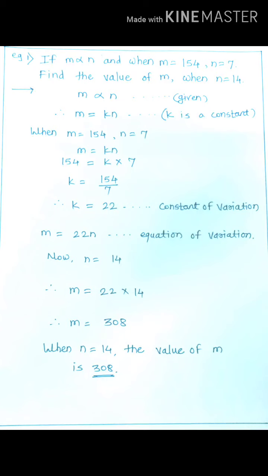When m is equal to 154, n is equal to 7, then what is the formula? m is equal to kn. Now, substitute the values. 154 is equal to k multiplied by 7. Therefore, k is equal to 154 divided by 7. So, k is equal to 22. That is the constant of variation.